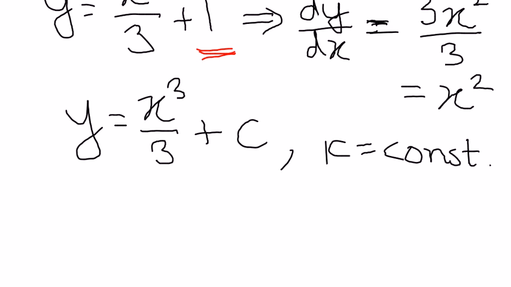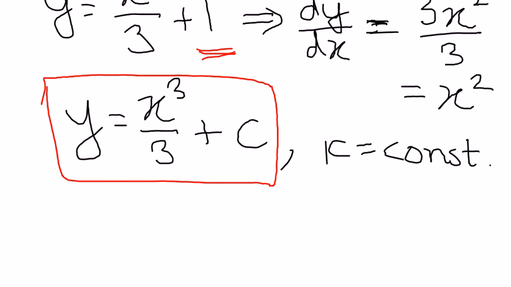Anyway, so yes, this is the final answer. And again, we have to add a constant here, c, because once you have found an antiderivative, you can add any number to it and it will still be an antiderivative. So you are actually giving all possible antiderivatives of x squared, because any function of this form will have the derivative equal to x squared.